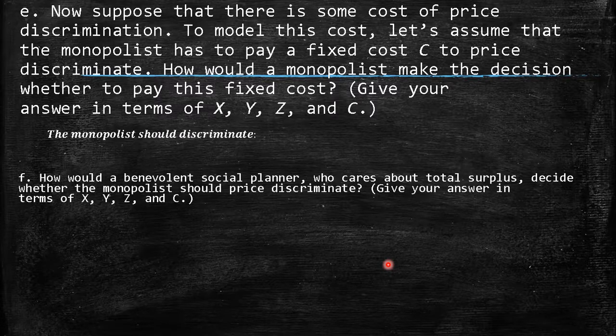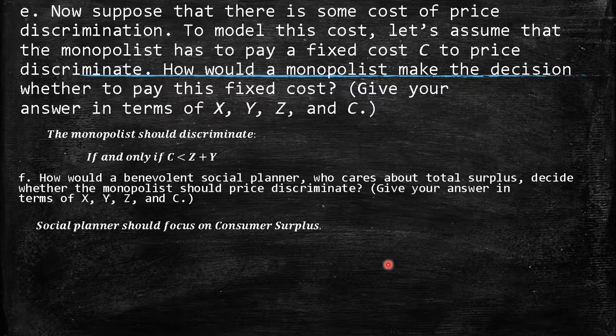Give your answer in terms of X, Y, Z, and C. So the monopolist should discriminate only when C, this cost, is lower than Y plus Z. It means lower than the consumer surplus plus the deadweight loss, because otherwise, if this cost is higher, it's better to keep the condition where the monopolist didn't discriminate.